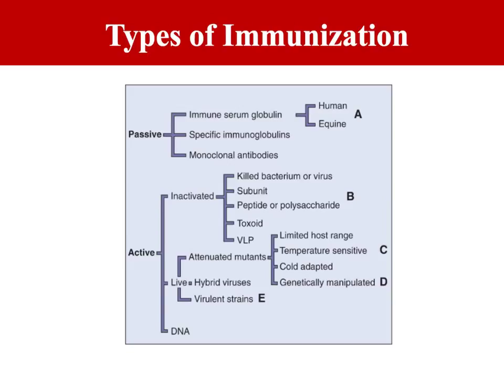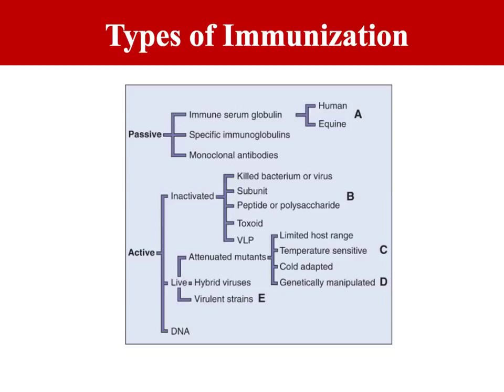But that being said, if we were to look at passive immunization for a minute, you would have this idea of immune serum globulin, which is, in this case, something where you can give whole serum from another person or an animal to a person who may or may not be infected.